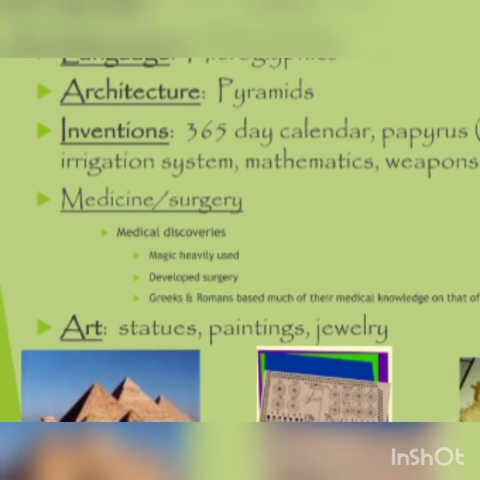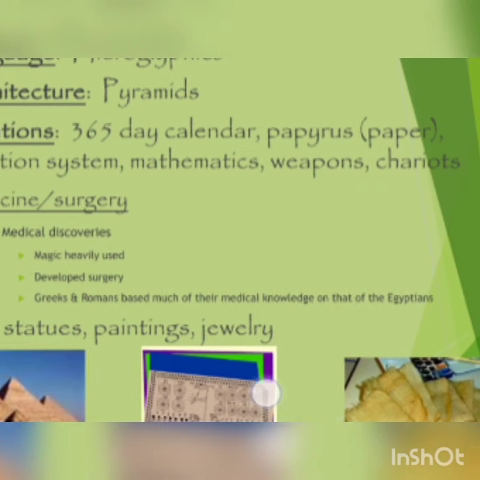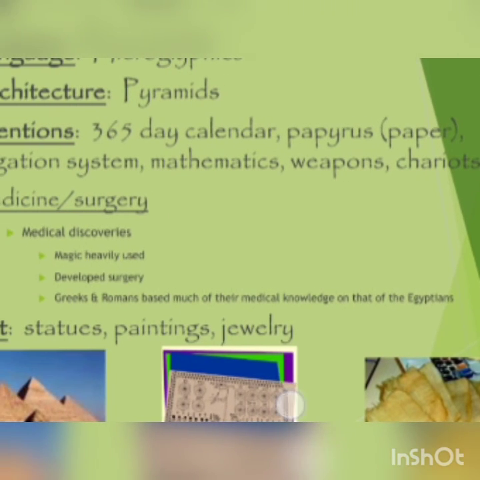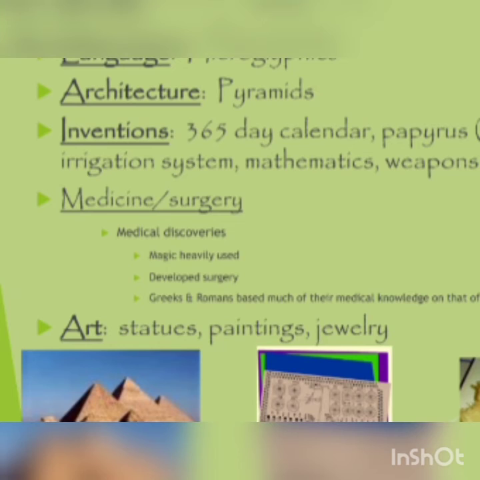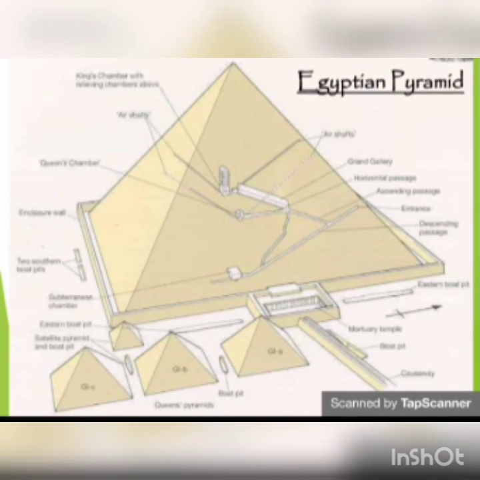In art, statues were made, paintings were done, and jewelry was also made, because they were very much attracted to jewelry and makeup.